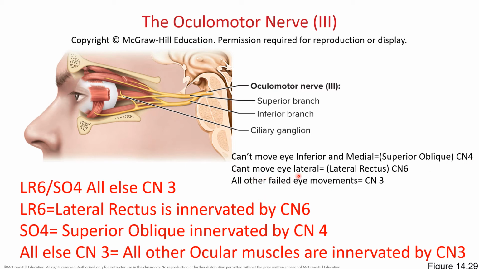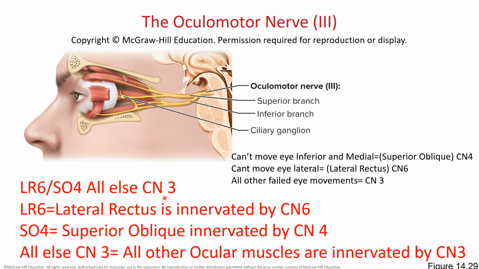If they can't move their eye laterally, that movement is controlled by the lateral rectus muscle, which is one of your ocular muscles, and that's innervated by cranial nerve 6. All other failed eye movements is a problem with cranial nerve 3. So this is an easy way to remember it.